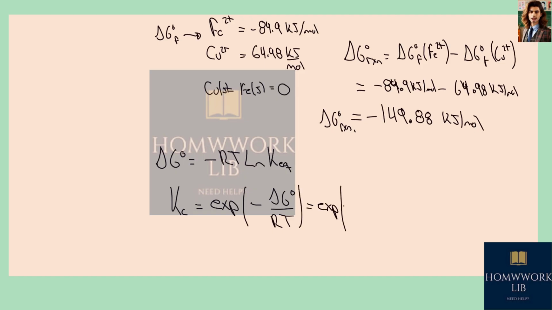We're going to transform the value of delta G directly into joules per mole by multiplying by 1000. So we're going to have minus 149,880 joules per mole divided by the value for R, which is 8.3145 joules per mole Kelvin, times the temperature under standard conditions, which is 298 Kelvin.